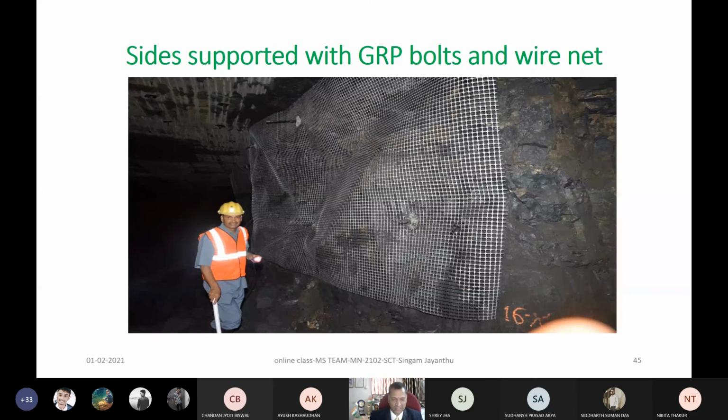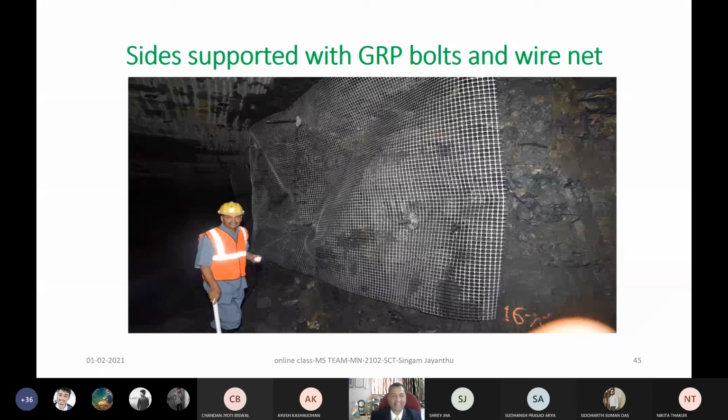Okay. Now continuing with our class, as I have shown you, my beloved students of underground coal mining methods, MN2102, typical conditions are there in the mines, and we have seen a mine that is the Chercha mine. It was a notorious mine as far as the first-time introduction of mechanized longwall in India is concerned.